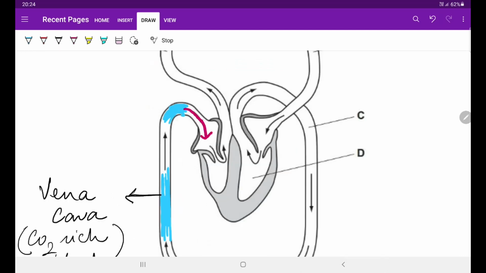The blood that entered the right atrium in turn empties its content into the right ventricle through the valves, which open up as the blood passes through them. These valves are called tricuspid valves. They prevent the backflow of the blood into the atrium.